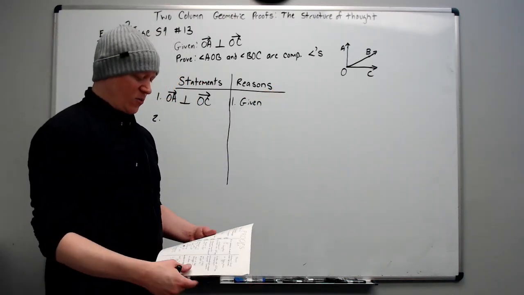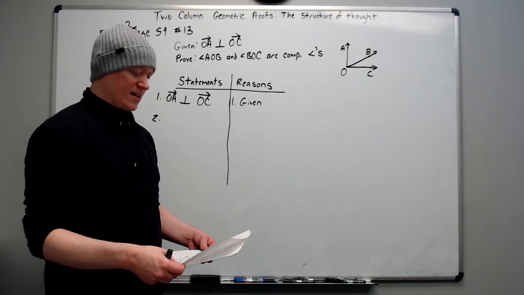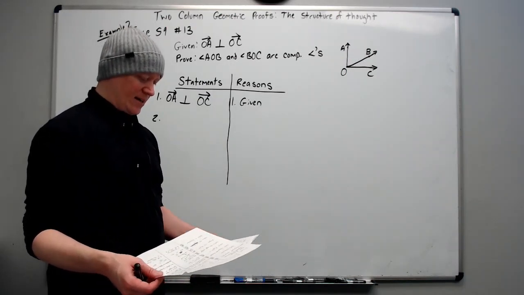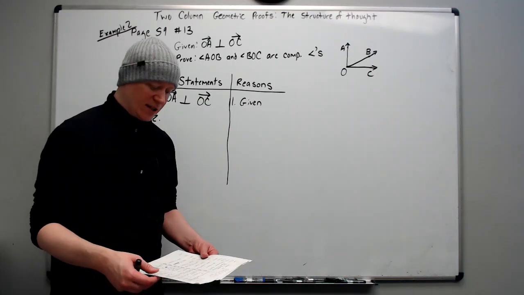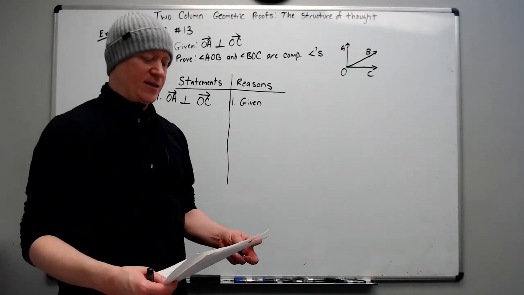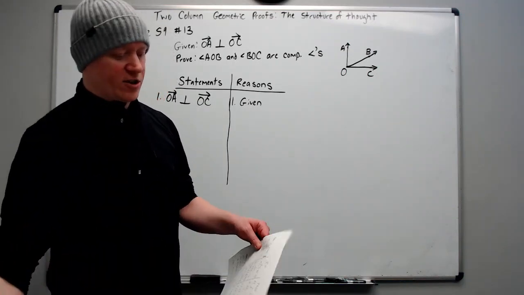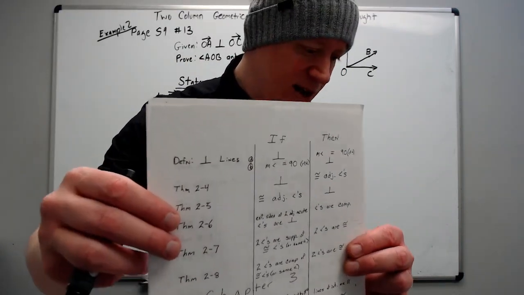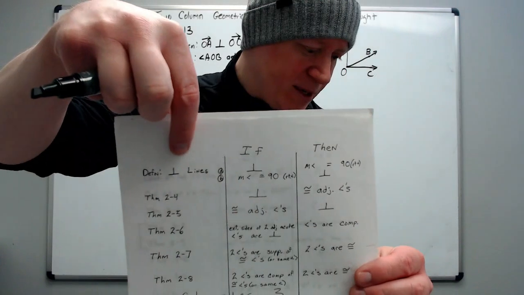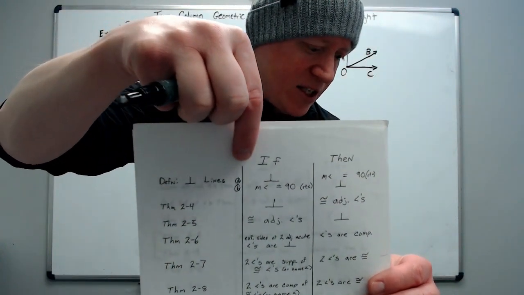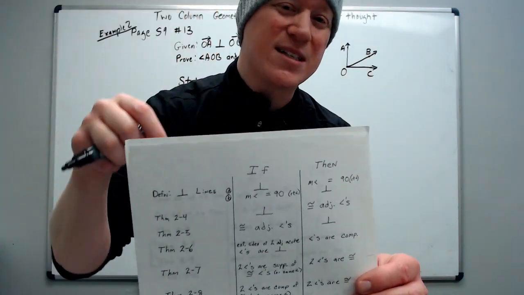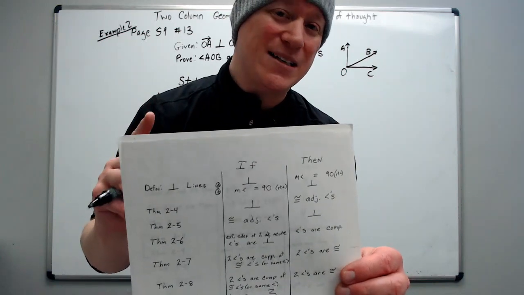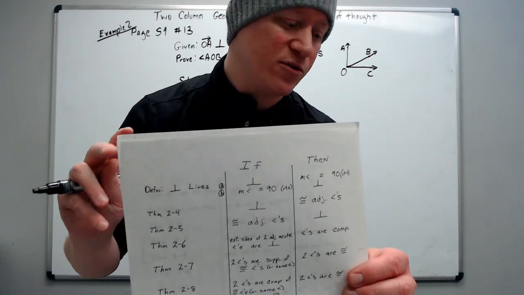The first thing that we should go to is the definition, right? The definition of the word. Always go there first. On this sheet of paper that I made, I will show it to the camera now. The definition of perpendicular lines is at the top of this page. There are two versions because we said that definitions are biconditionals. All of them have two versions.